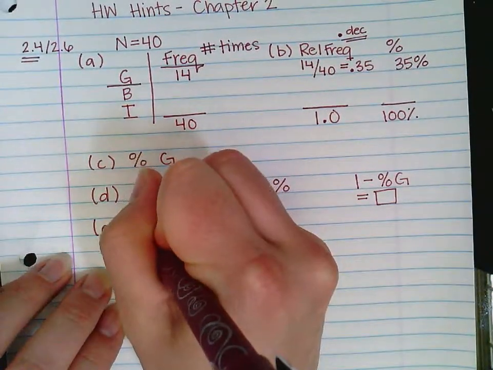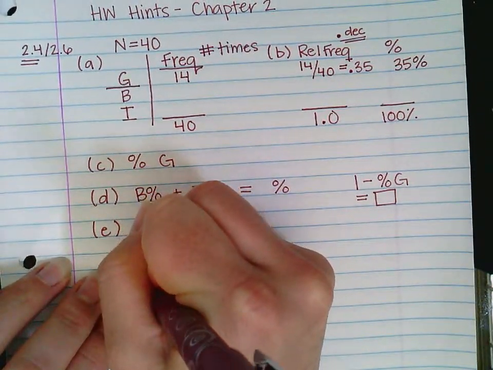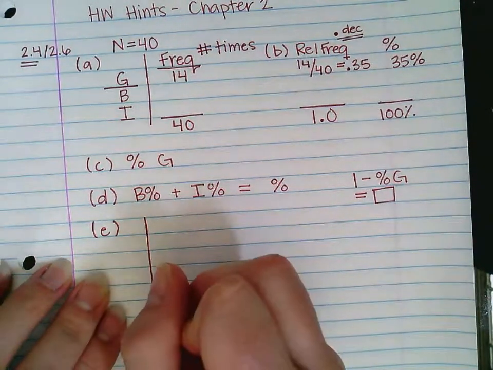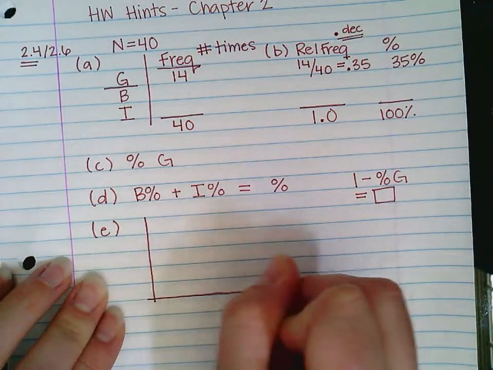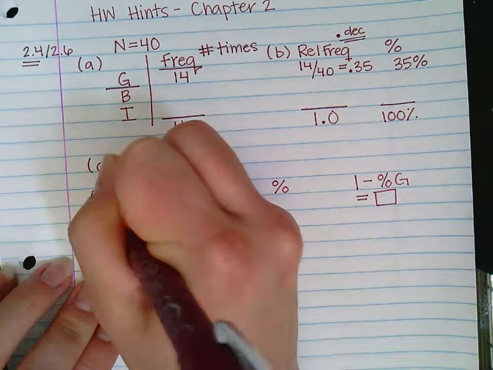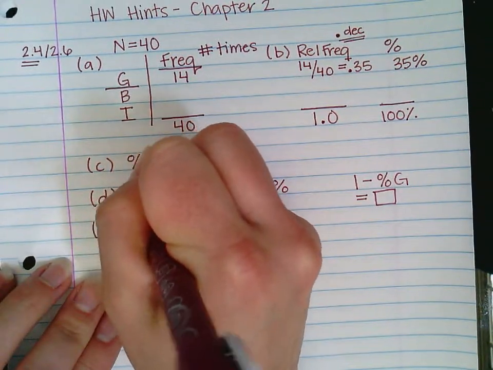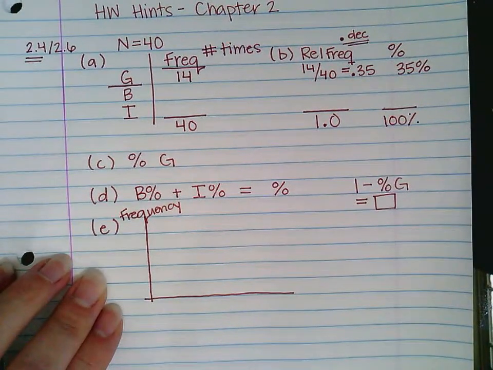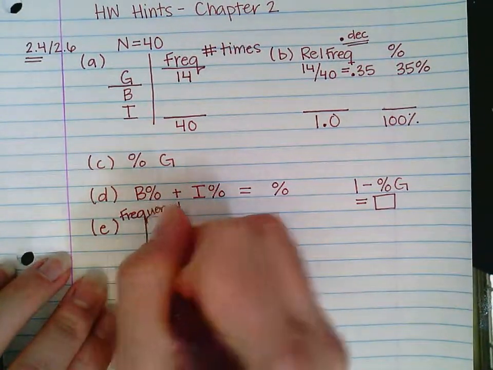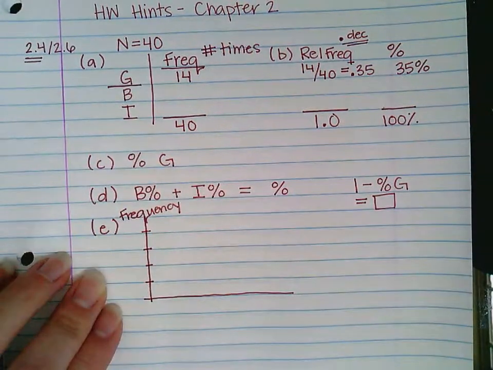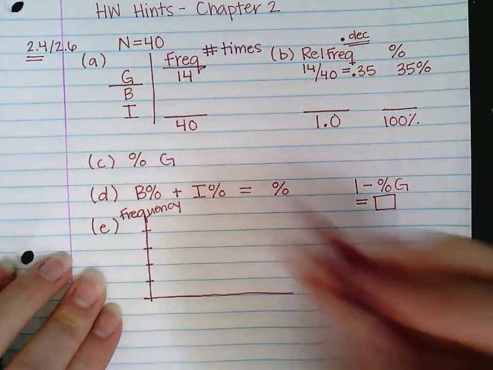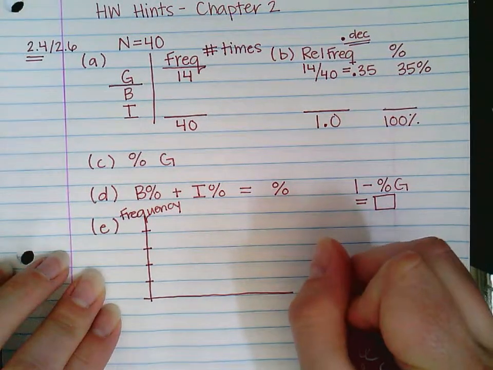So even though the bars would look the same, if I want to draw the bar graph for a frequency distribution, then I'm going to make sure that frequencies is what's on my y-axis, okay? And I would make sure that I label appropriately here. And then my variable goes here. So this is going to be response.